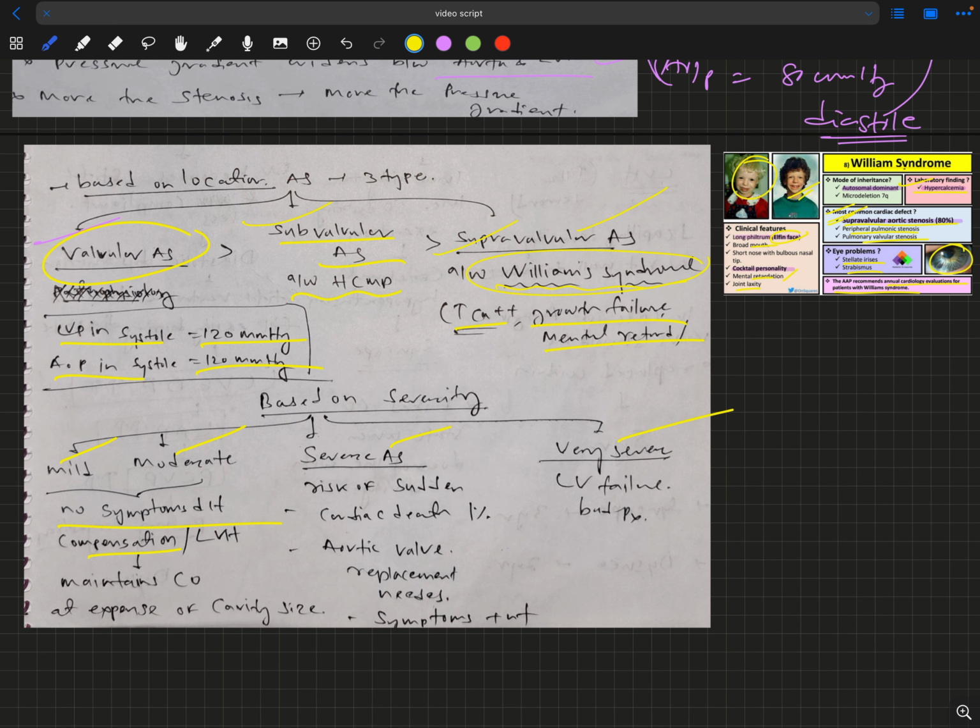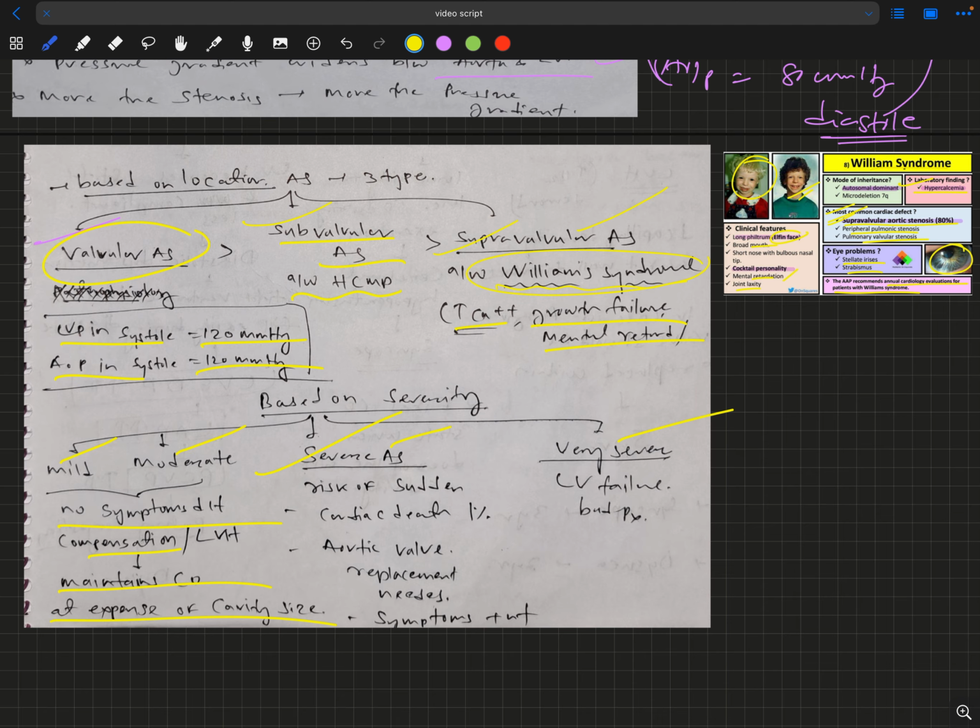So in mild to moderate aortic stenosis, there is no symptom because there is compensatory left ventricular hypertrophy, so it maintains the cardiac output at the expense of cavity size. The left ventricle is undergoing hypertrophy and maintaining the cardiac output, so there are no symptoms.